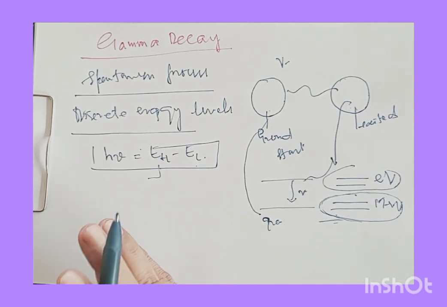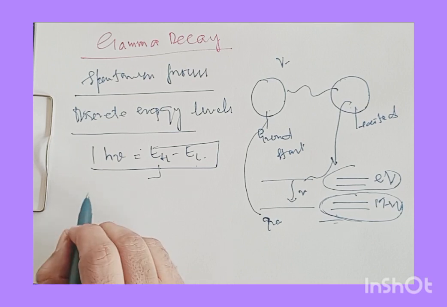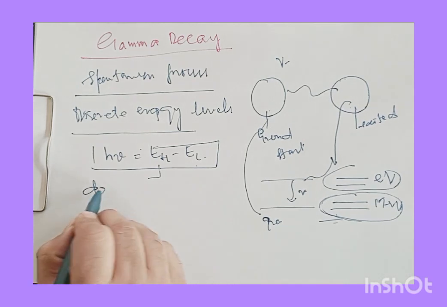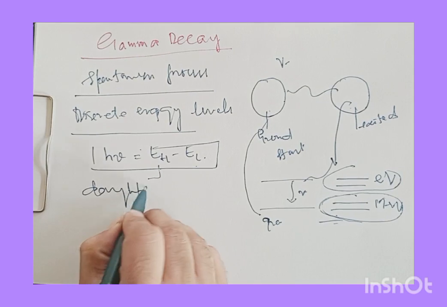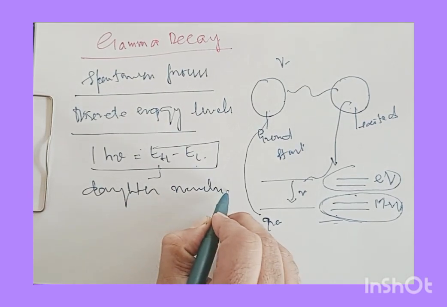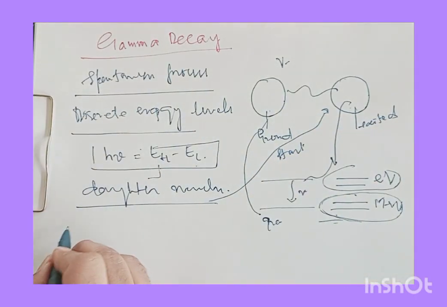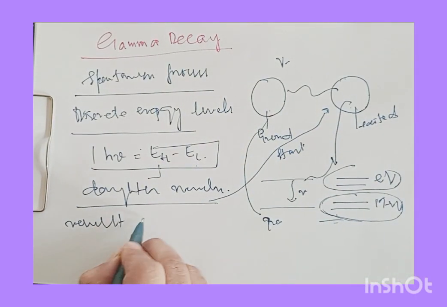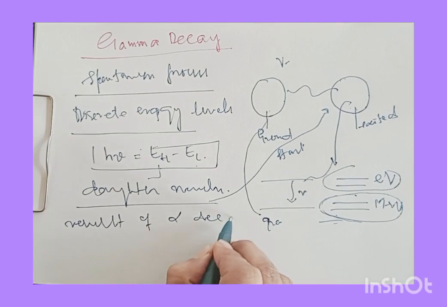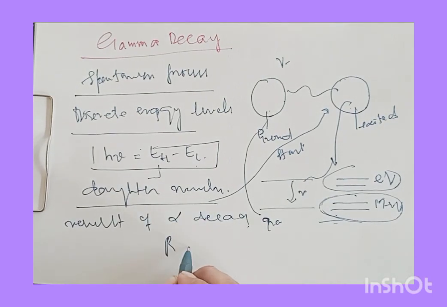So what does it mean? This daughter nucleus is basically a result of alpha decay or beta decay.